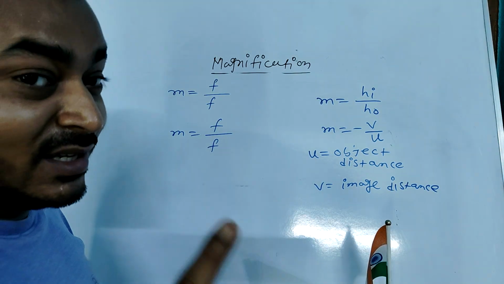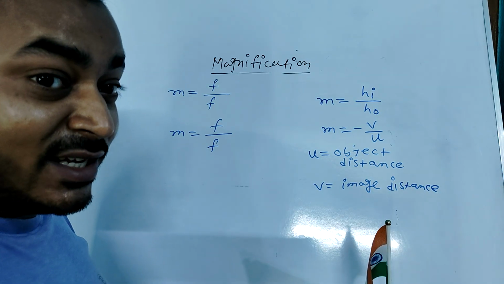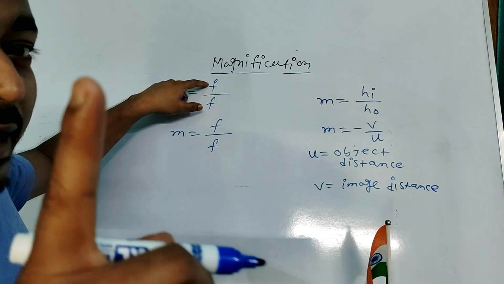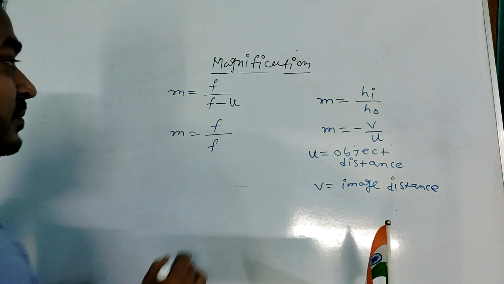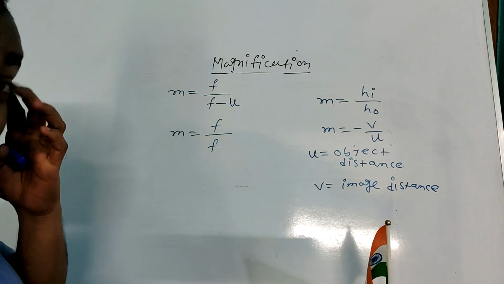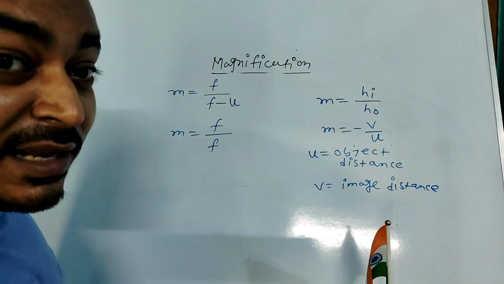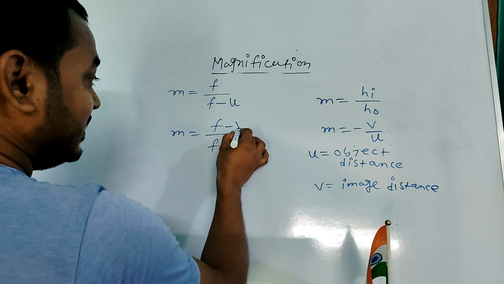So remember, if we are writing in terms of focal length and object distance, then it is f by f minus u. And if we are writing in terms of focal length and image distance, here it is f minus v.